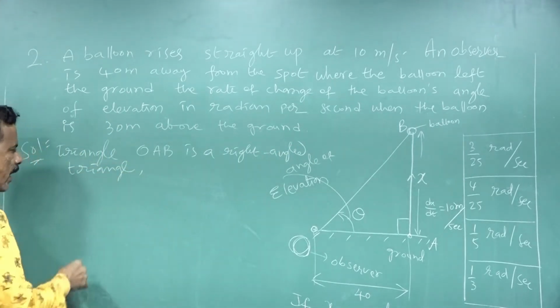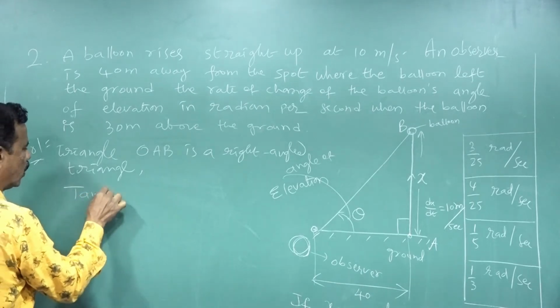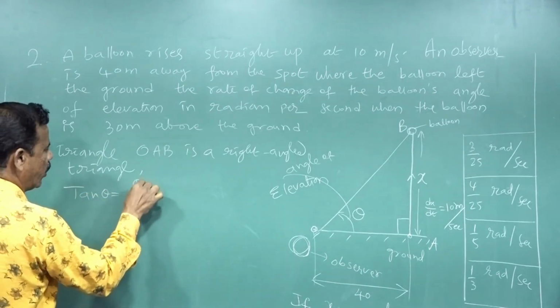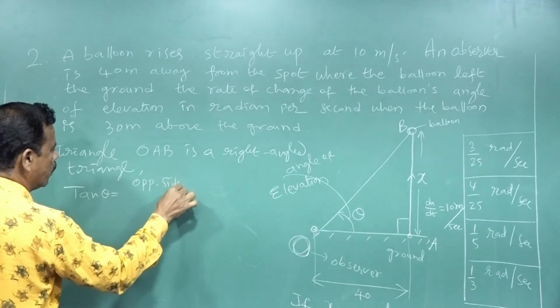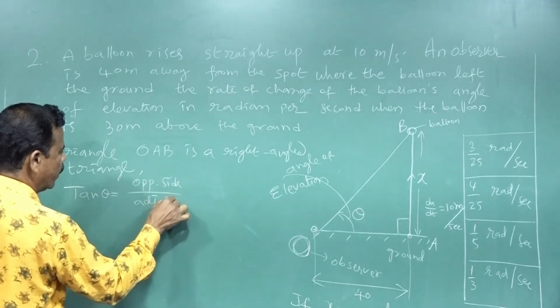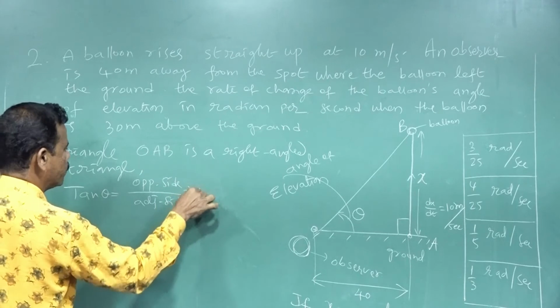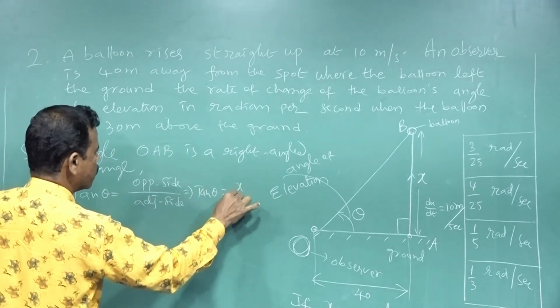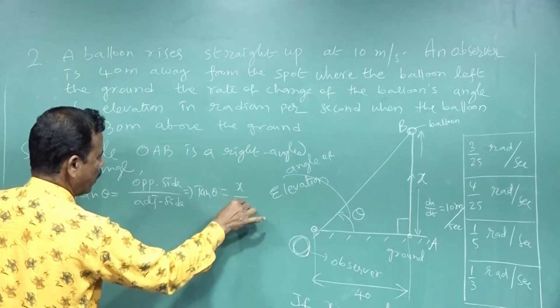That's why we apply tan theta. Tan theta is equal to what? Opposite side by adjacent side. So tan theta is equal to x by 40.